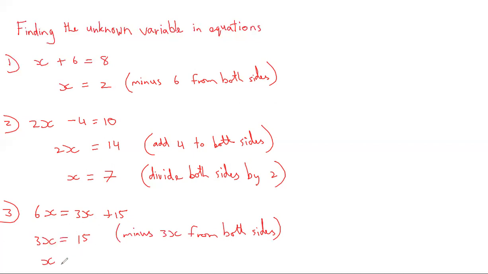So 15 divided by 3 is 5. So you divide by 3 on both sides here to get x by itself. x equals 15 divided by 3, which is 5.